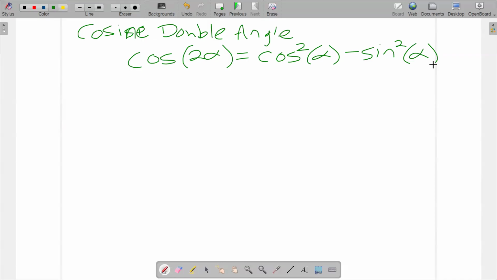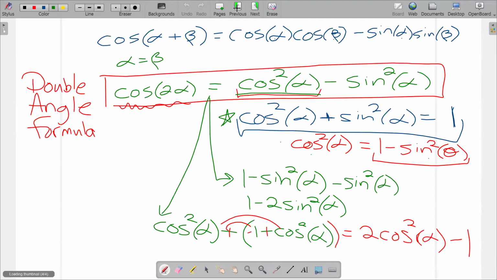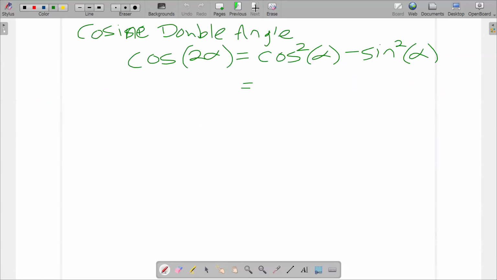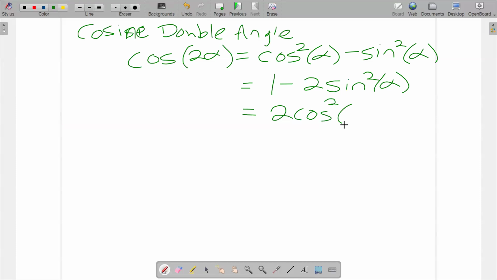Next one, one minus twice sine squared of the angle. And the next is twice the cosine squared of the angle, then minus 1. And it turns out all 3 are useful depending on the situation we have with cosines and sines and their squares.